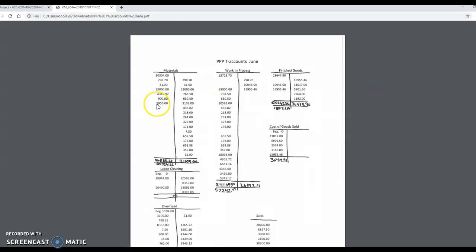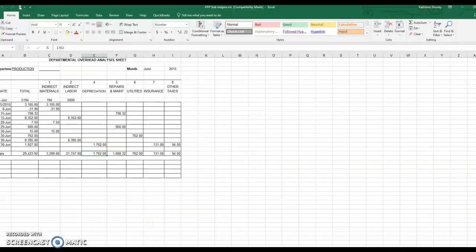So now we need to go to the materials subsidiary ledgers, and we need to go to the overhead analysis sheet. Here's our overhead analysis sheet. On June the 15th, we had a total of $798.32 go into overhead, and it's under repairs and maintenance, the $798.32. So that takes care of that.